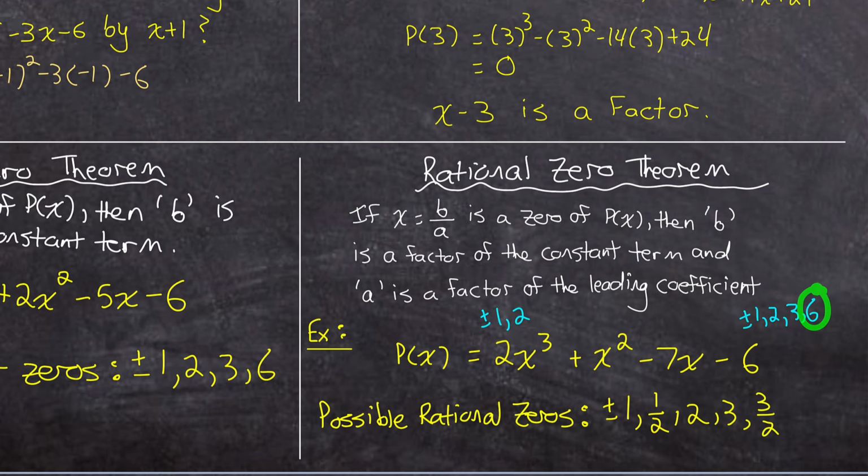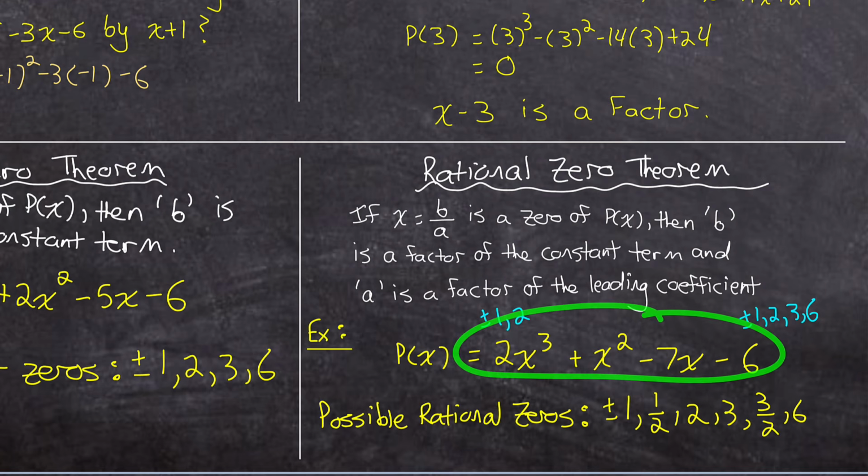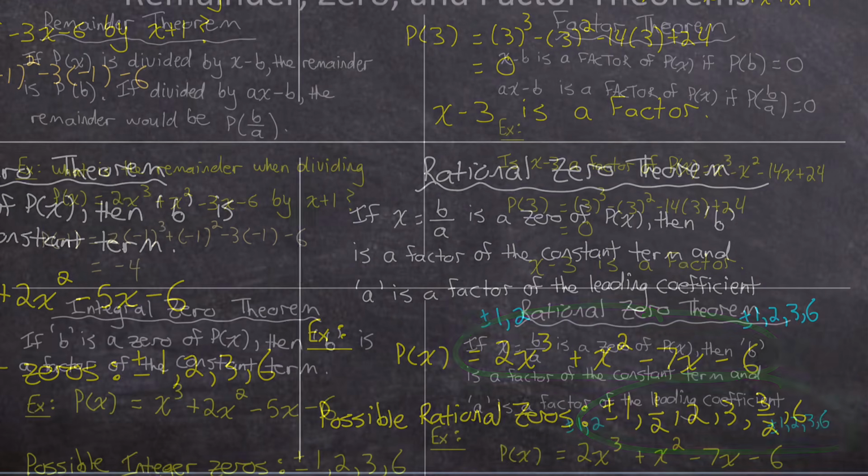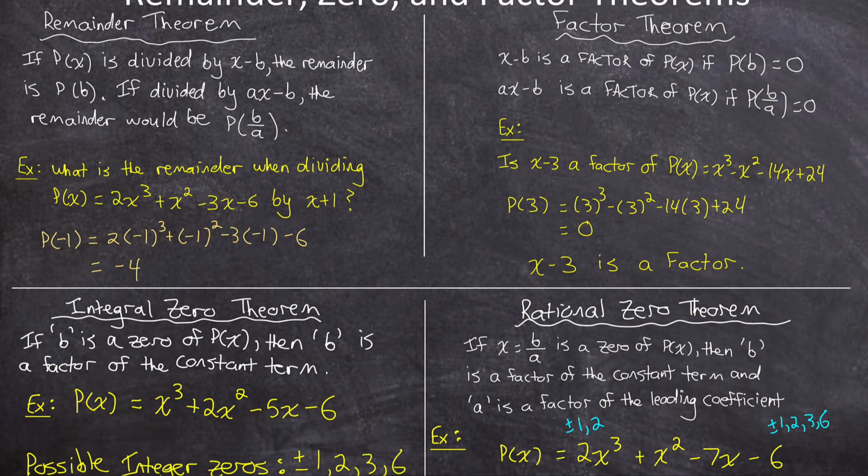And then this 6 gets divided by both 1 and 2 to give me 6 and 3, but I already have 3 written. So if there are any rational numbers that make this polynomial be 0, they will be found in this list. And now that you know all 4 of these theorems, we can apply them to solve some polynomial equations and inequalities in the last couple sections of this video.